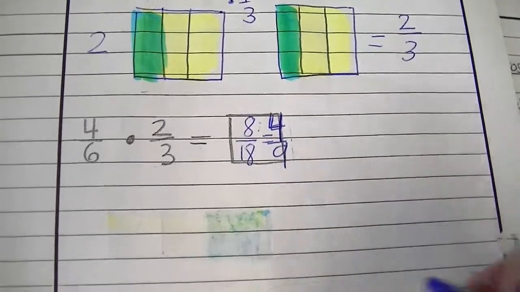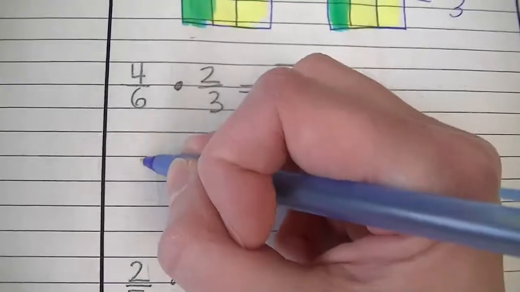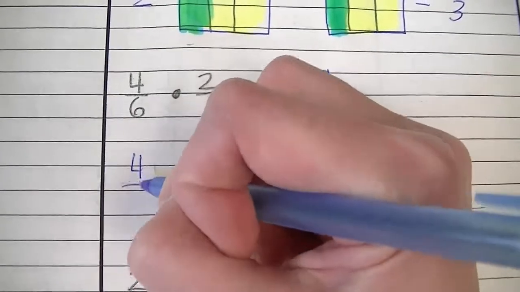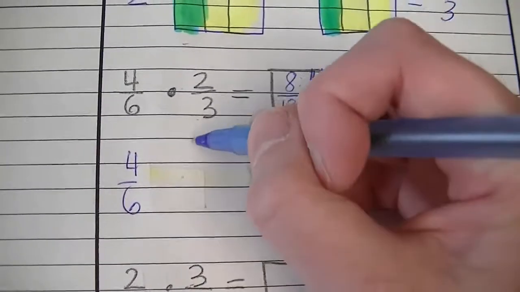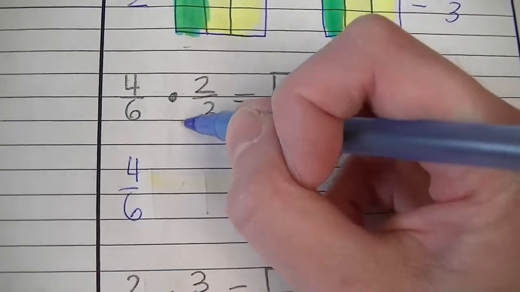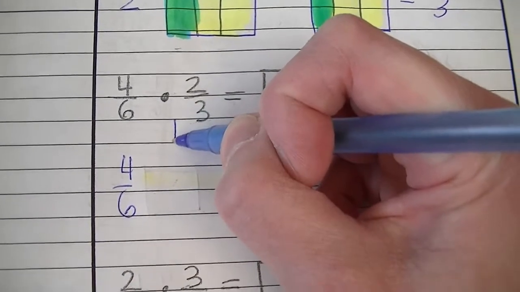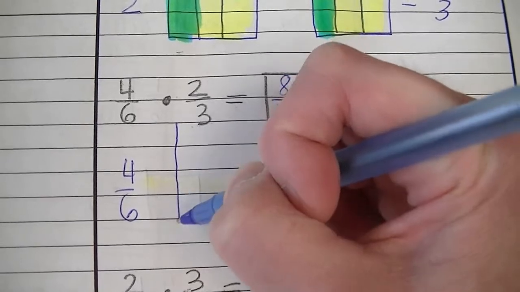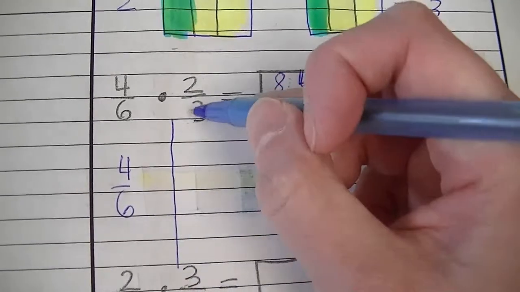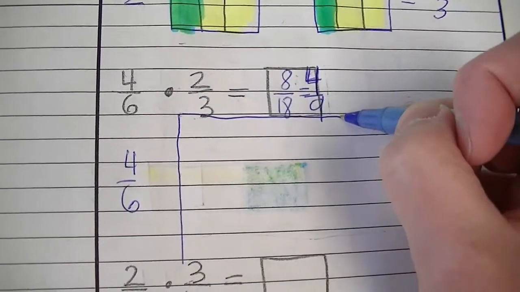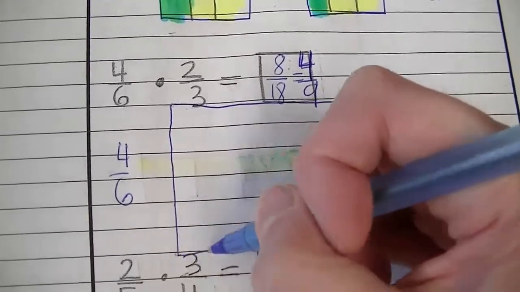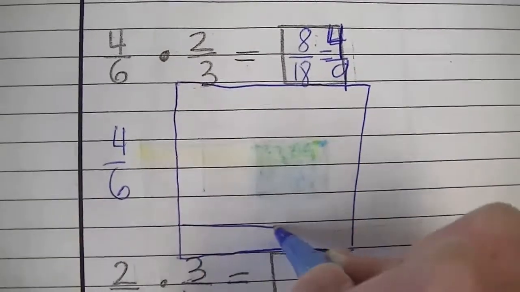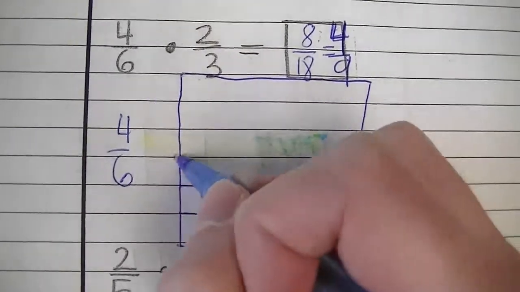So let's go ahead and model this one. I'm going to go ahead and write a 4/6 right here. So when I draw this out, I'm going to have 6. 1, 2, 3, 4, 5, 6. Okay. And I'm going to draw the little rows for that.